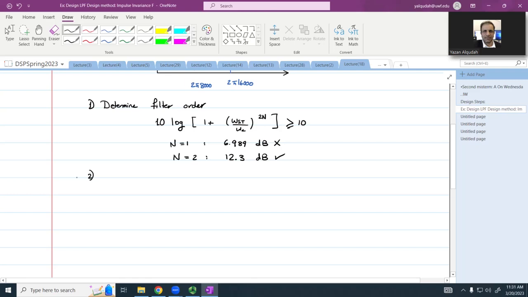What do we do next? We're going to go to the tables and determine Hc of S, the frequency response of the filter. The table is going to give us the normalized Hc of S, and from the table this is equal to 1 over S squared plus square root of 2 multiplied by S plus 1.